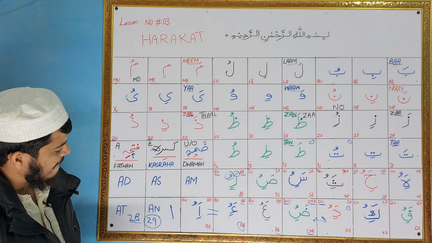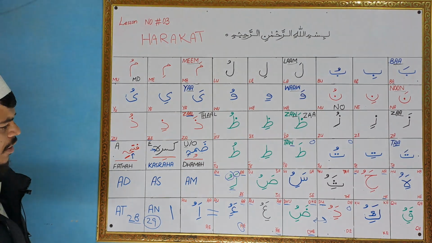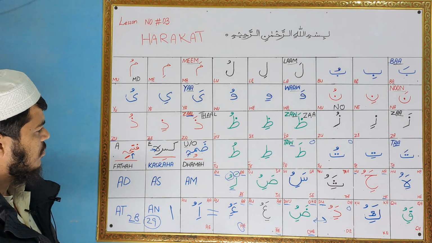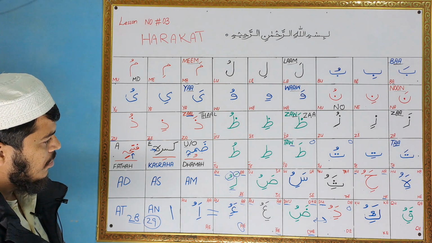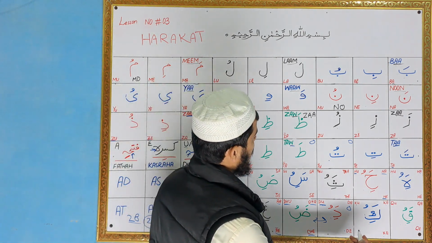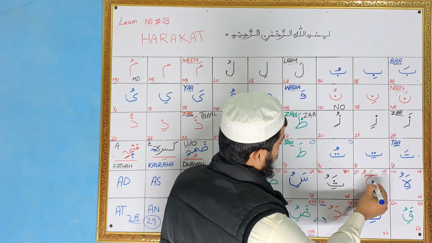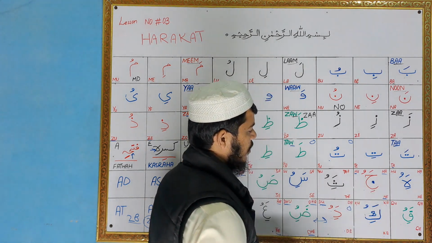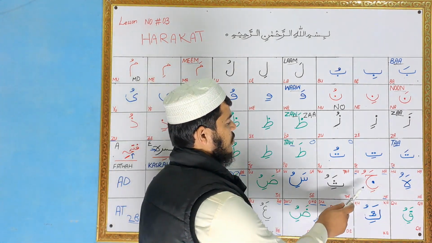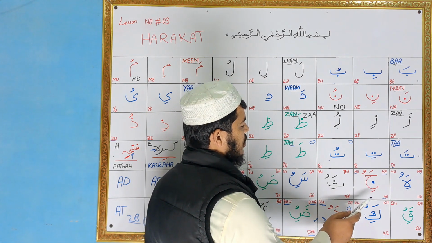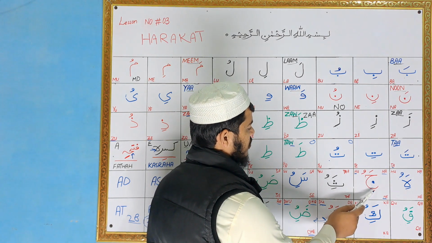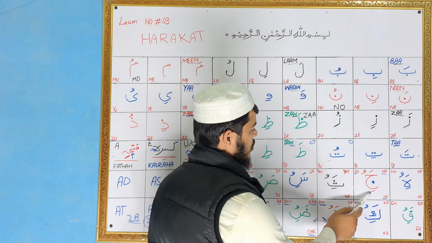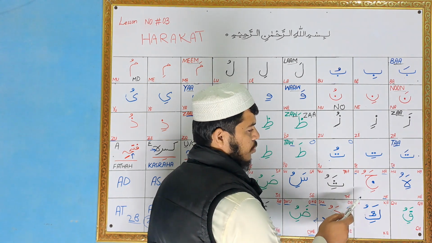So I think the letter jim is missing and kha is missing. So we can just practice from there. If we put a dot in the bottom, this one will become jim. Jim fatha, ja, jim kasra, ji, jim dhamma, ju.